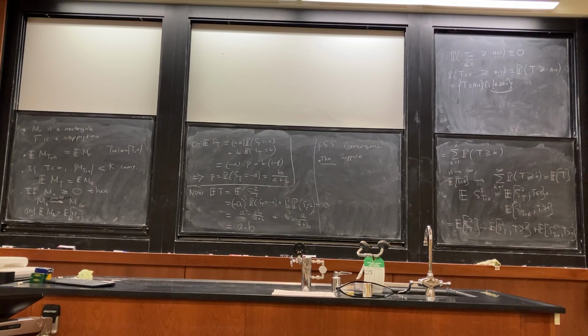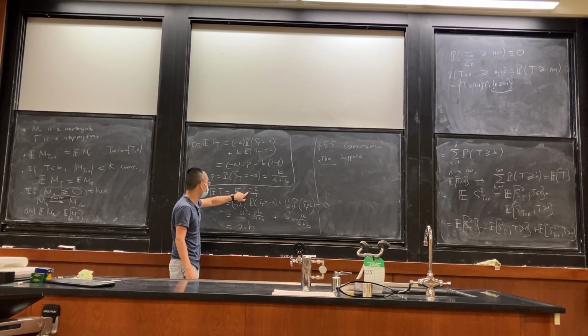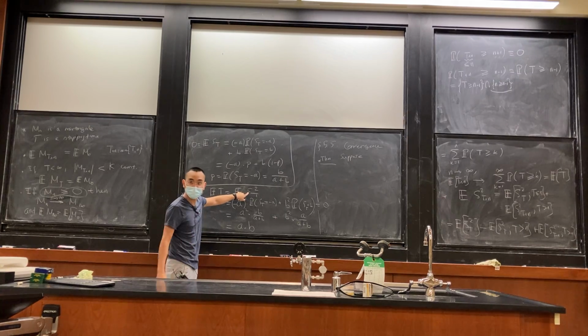So the key word here is martingale. It has to be non-negative. If a martingale can take negative values, then we don't have such a limit. Think about the random walk here. The random walk S of n is a martingale, but it could take negative values, and so it doesn't have a limit.